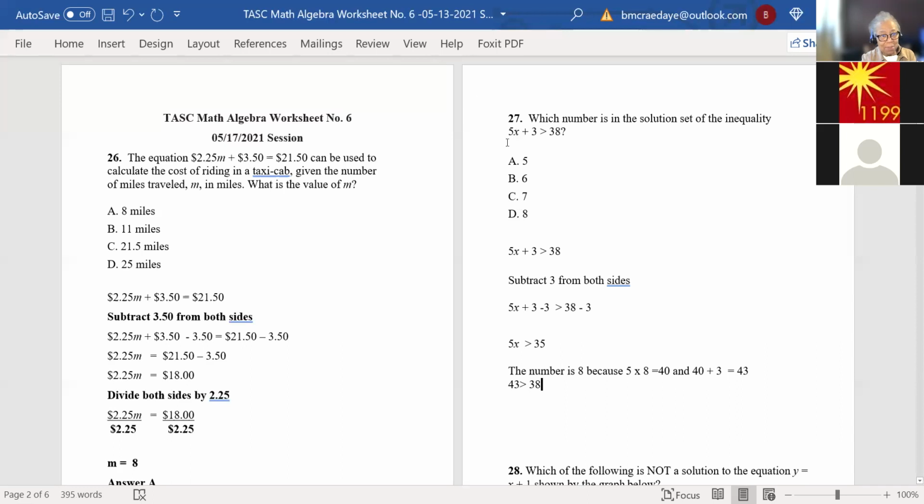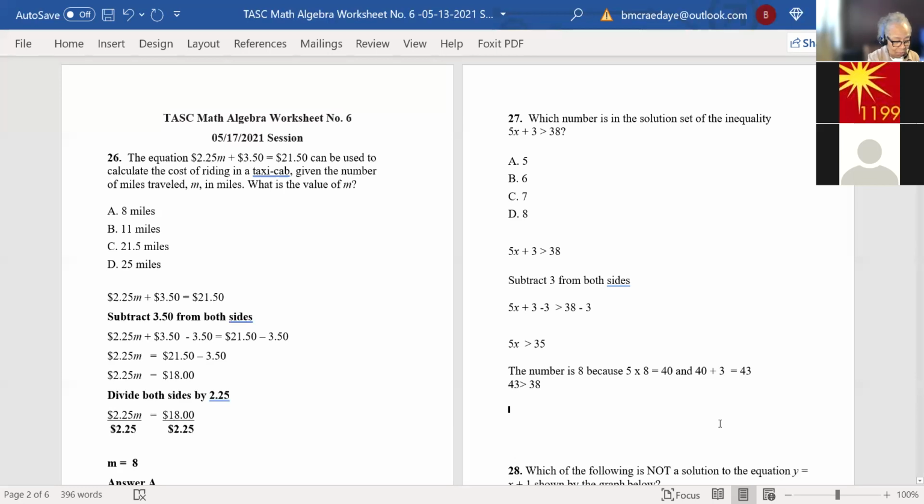All these other numbers give you numbers either equal or less. 5 times 5 is 25 plus 3 is 28, that's less. 5 times 6 is 30, 30 plus 3 is 33, that's less. 5 times 7 is 35 plus 3 is 38, that's equal. 5 times 8 is 40, and then 40 plus 3 is 43, and 43 is greater than 38.